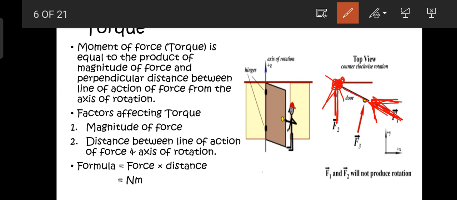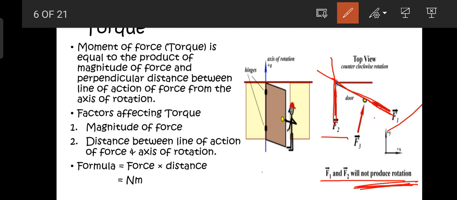So when the line of action of force passes through the pivoted point, the door will not rotate. In this, F1 and F2 will not rotate, only F3 will rotate.